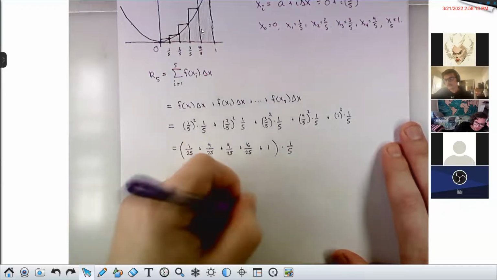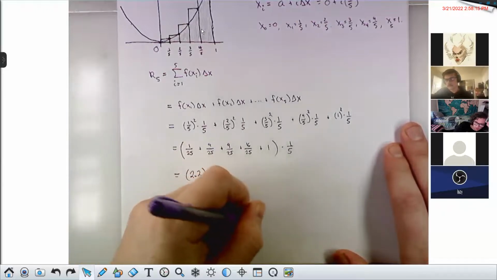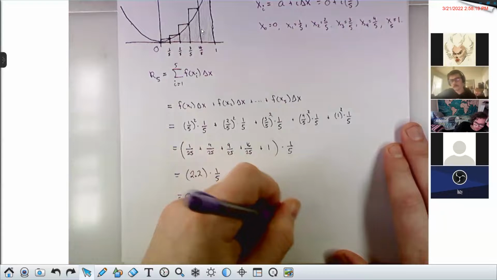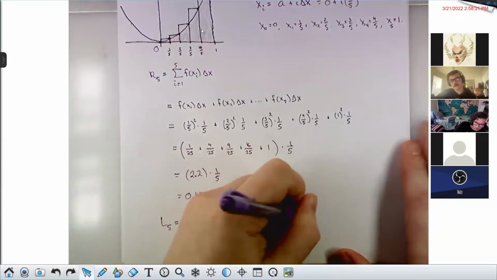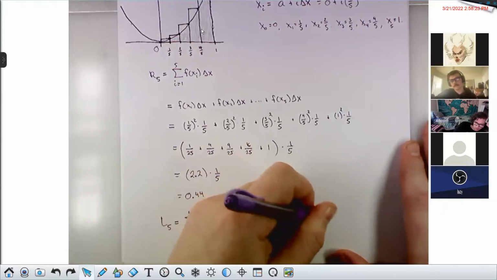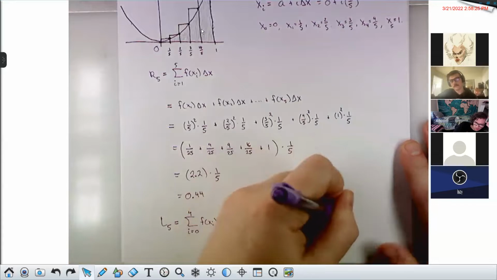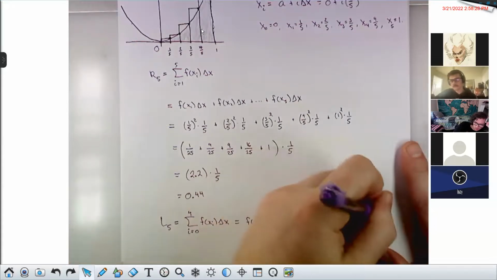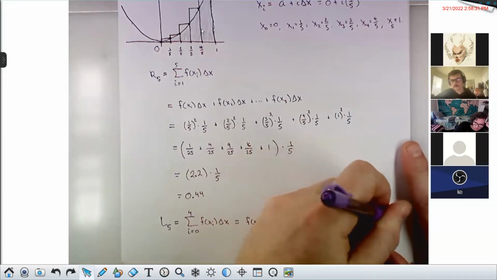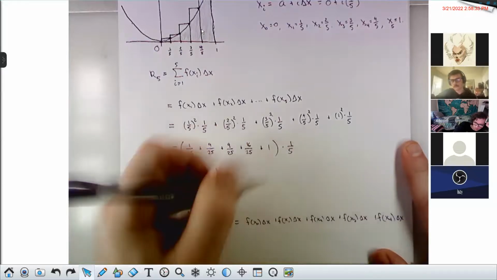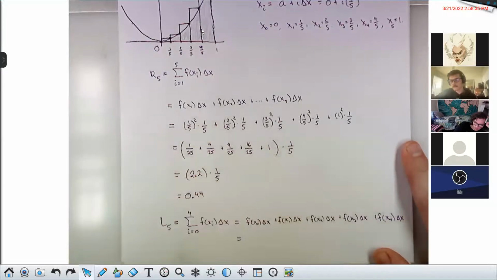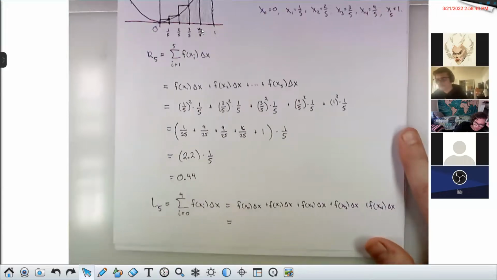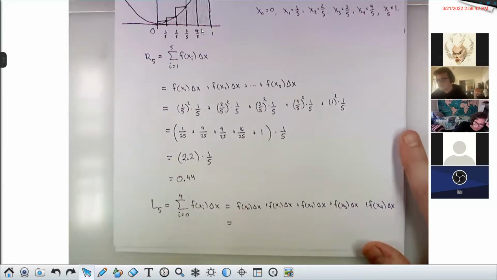So that's going to be f of x0 delta x plus f of x1 delta x, f of x2 delta x plus f of x3 delta x plus f of x4 delta x. x0 is 0, f of x is x squared, delta x is 1/5.